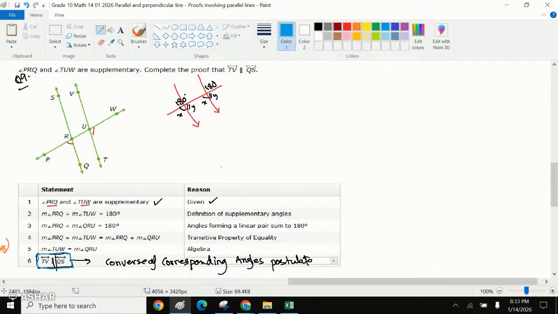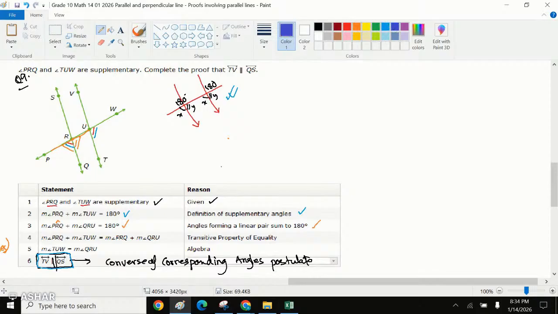We wrote the reason ahead of time, but we are just trying to prove that. PRQ plus TUW, this angle would be 180. We just did that, supplementary angles. The next one is PRQ plus QRU, that is again 180 because angles forming at a point on a straight line are always 180.